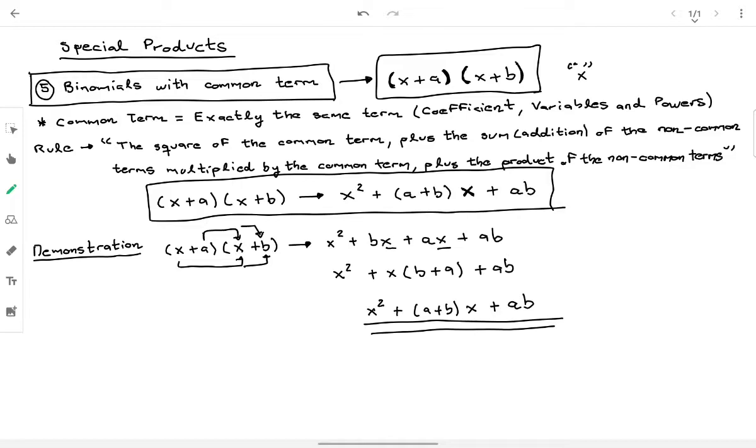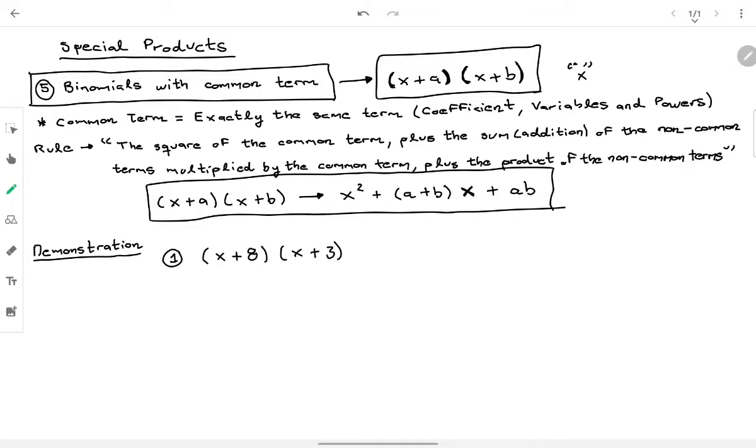So let's see some examples. In this case, we also have binomials with common terms. The common term is x. The non-common terms are plus 8 and plus 3. So the rule says the common term squared plus the addition of the non-common terms multiplied by the common term plus the multiplication or product of the non-common terms.